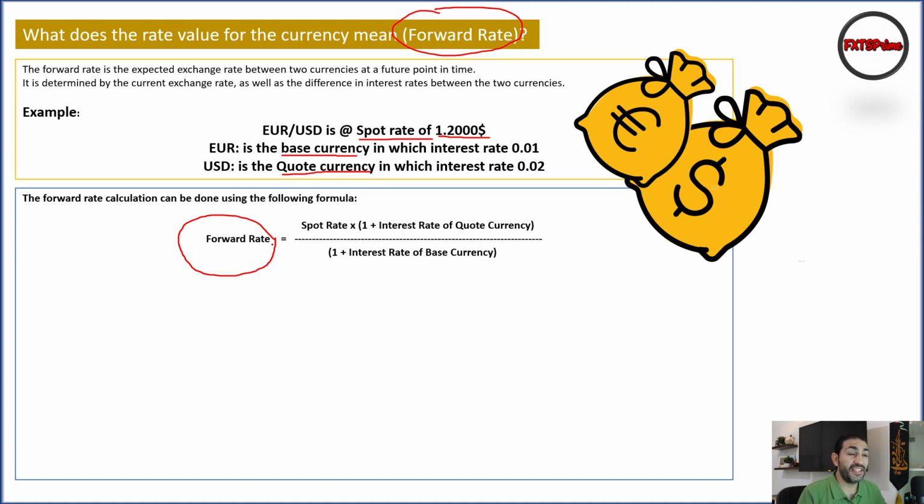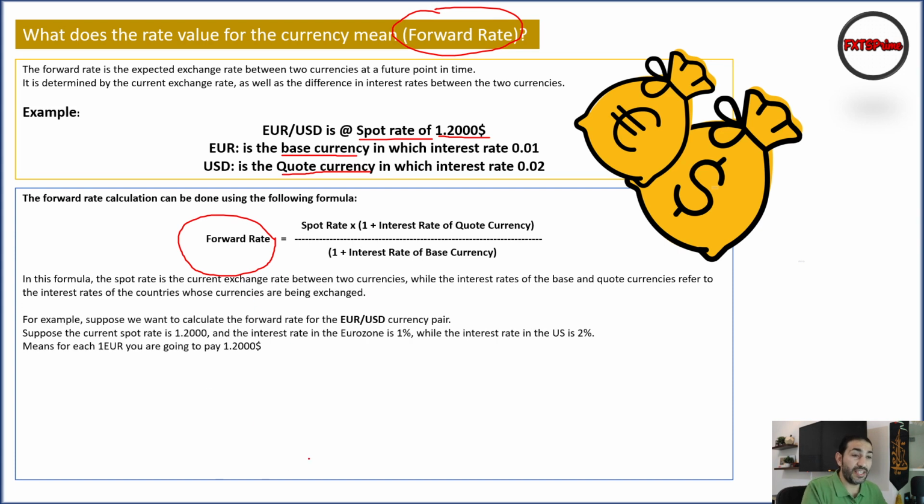So: spot rate multiplied by 1 plus the interest rate for the quotation currency, that is 1 plus 2%, divided by 1 plus the interest rate for the base currency, that is 1 plus 1%.